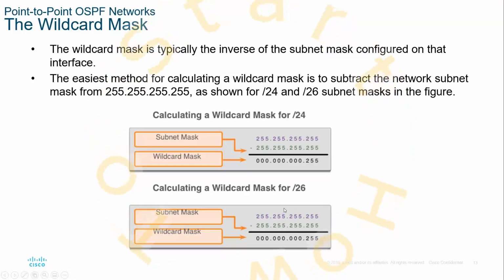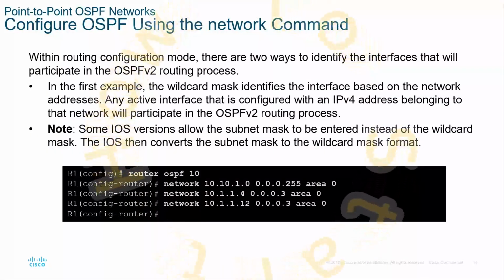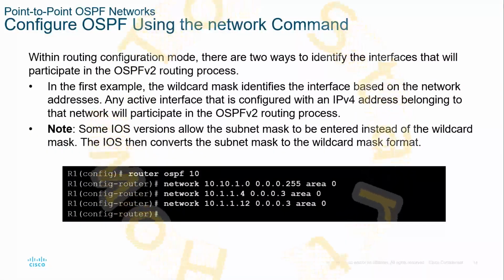You flip all the ones to zeros, you flip all the zeros to ones, and that would be your inverse. Again, inverse is just a clever way of saying take your subnet, and the opposite of the subnet would be your inverse or your wildcard. And that is how we get our network and wildcard masks.